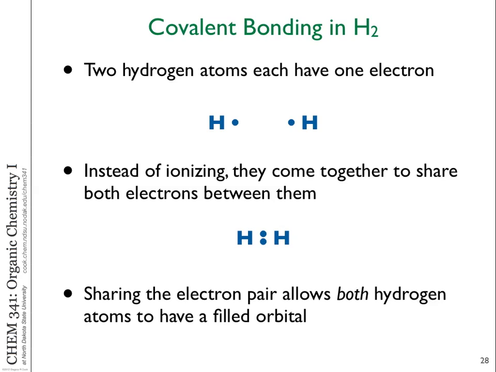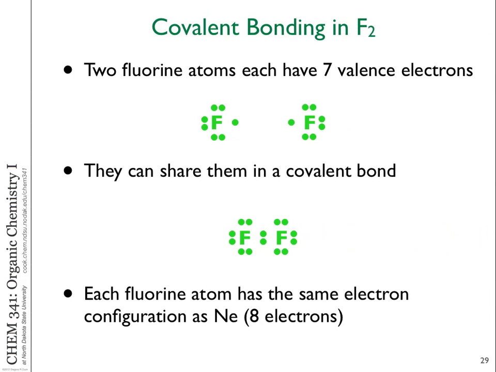Okay? By doing that, they both reached a stable state where they both have a filled valence shell. Their 1s orbital is filled because they are overlapping and sharing those 2 electrons among both of the atoms. Okay? That's a stronger bond generally than an ionic bond, and doesn't easily dissociate when you say solvated or anything.